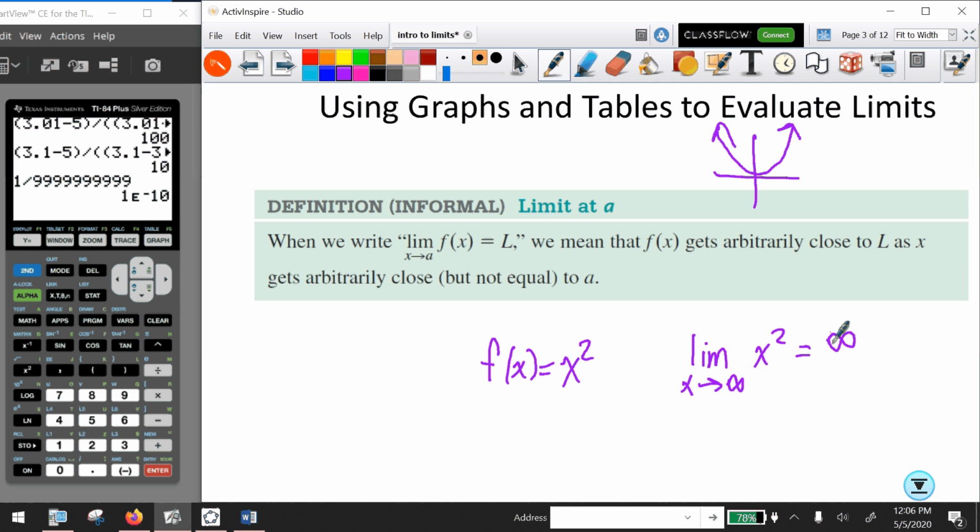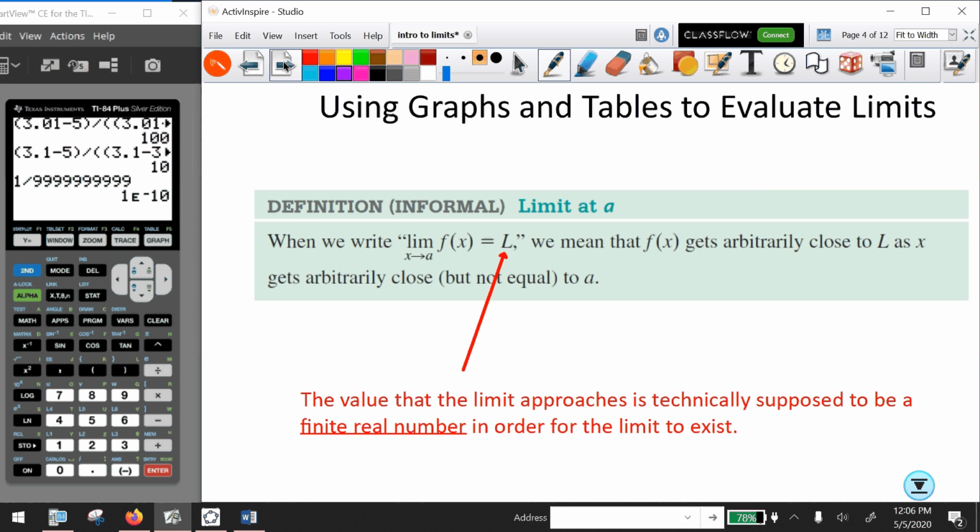Now the book actually makes a distinction here, and they say that a limit can really only equal a finite real number. So technically we shouldn't say that the limit of that function is equal to infinity, but rather approaches infinity. So as x approaches infinity, the limit of the function x squared also tends towards infinity. It increases without bound.